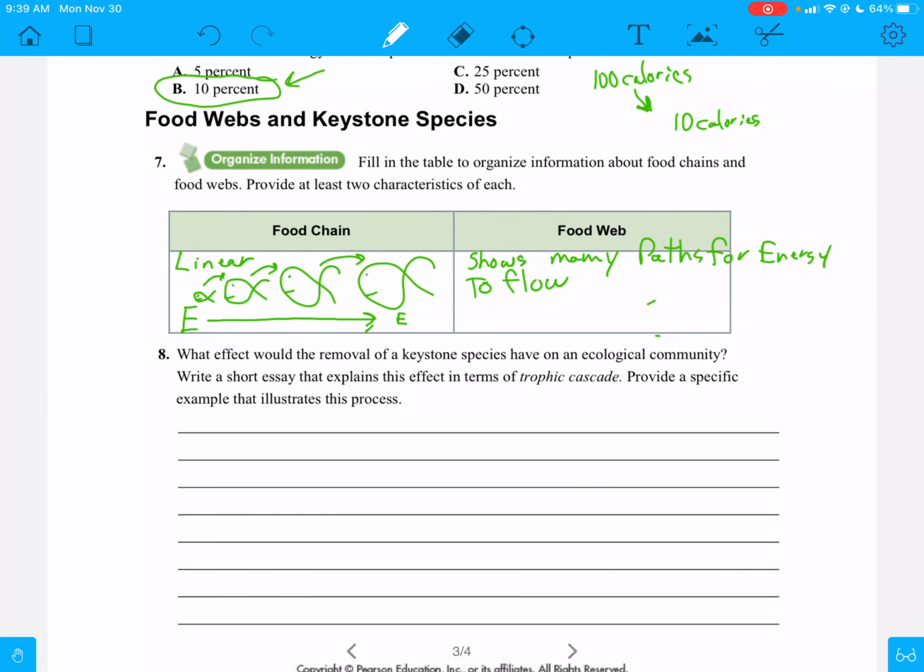So it says, what effect would the removal of a keystone species have on an ecological community? You know what? I know that you guys can write something about this. You can explain trophic cascades. You can use an example of the wolves, right? And we watched a video on the wolves. You can use otters.